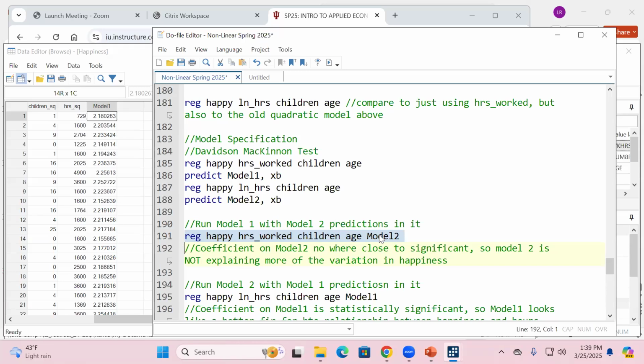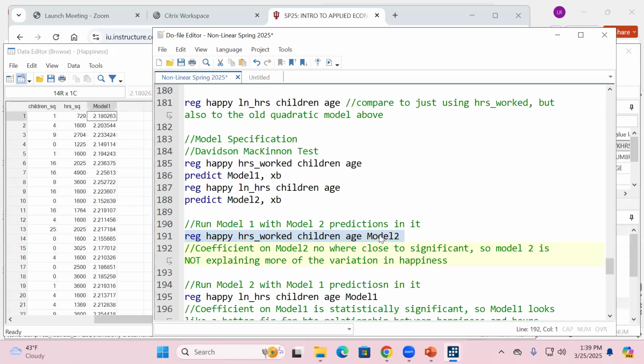So this is just a different way of saying, okay, controlling for all of these other variables, instead of just being a linear relationship, if I find statistical significance on the predictions that I made using the natural log, that's telling me that these predictions are better or have some correlation with the actual Y values.